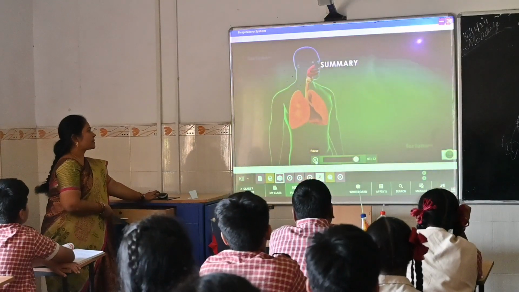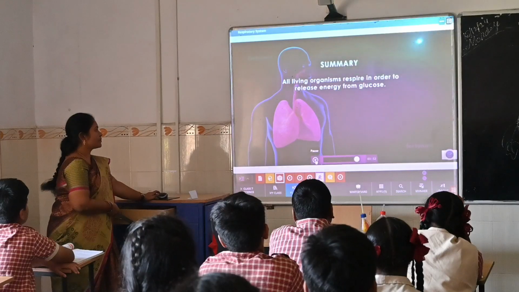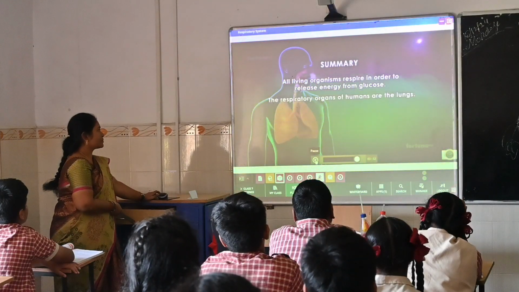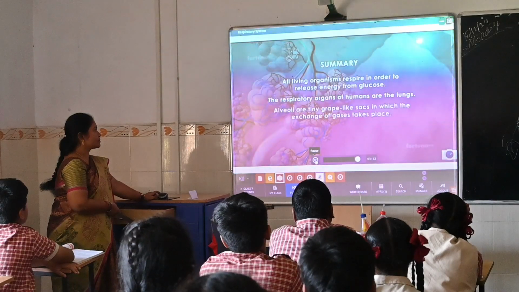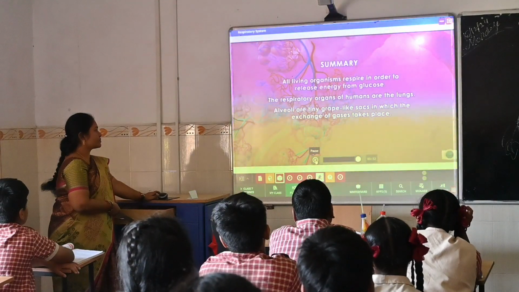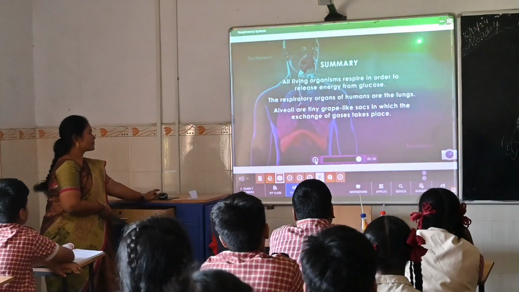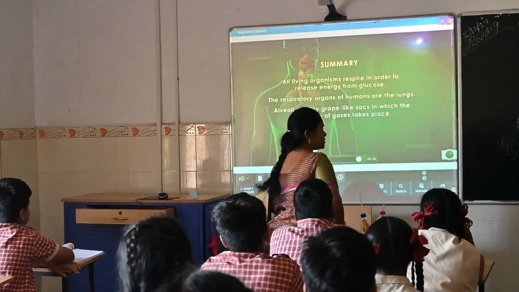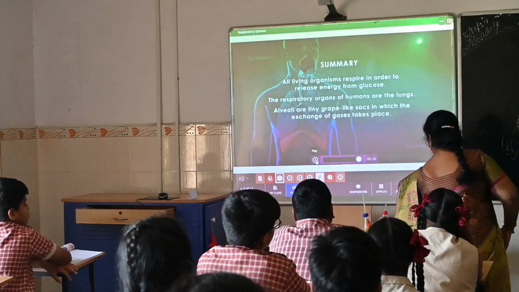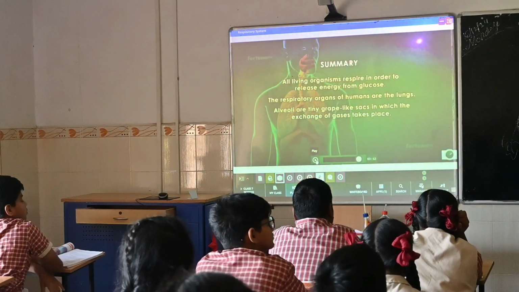Summary. All living organisms respire in order to release energy from glucose. The respiratory organs of humans are the lungs. Alveoli are tiny grape-like sacs in which the exchange of gases takes place. So here we learn about the exchange of gases as well as how it helps us to get energy.